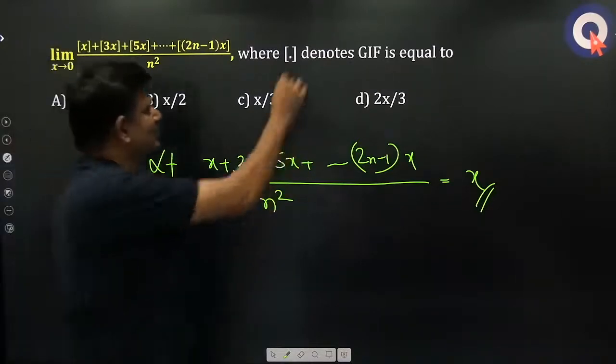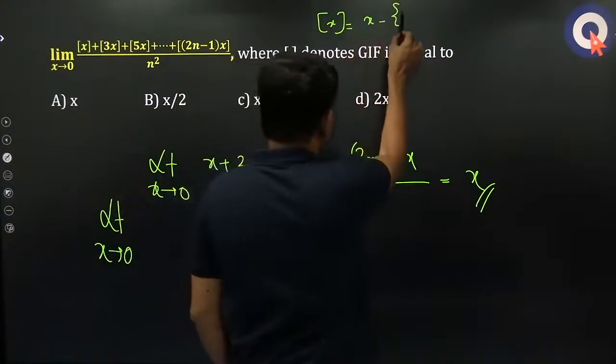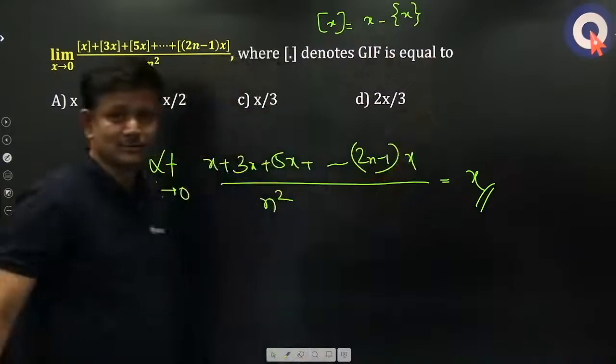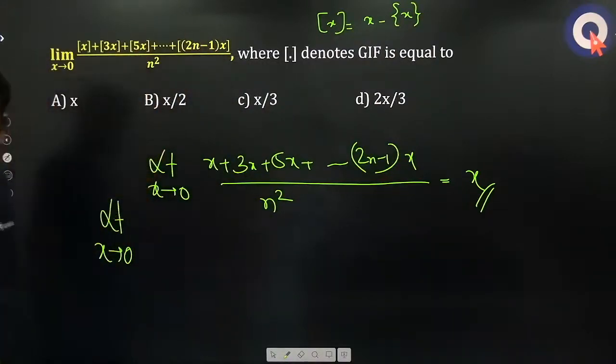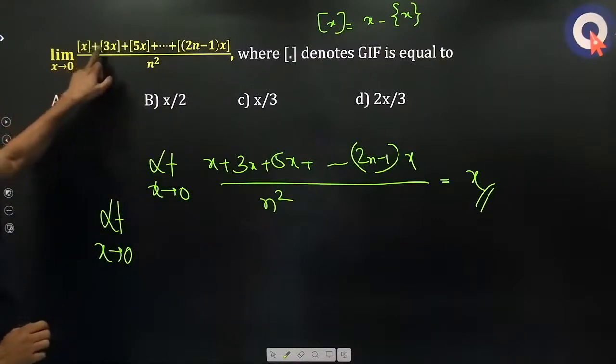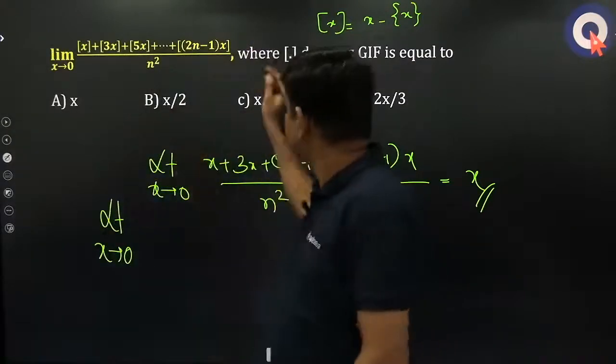Integral part of x, we know it is x minus fractional part of x. Yes or no? So this whole thing I can write as x minus fractional part of x, 3x minus fractional part of 3x, 5x minus fractional part of 5x, so on.